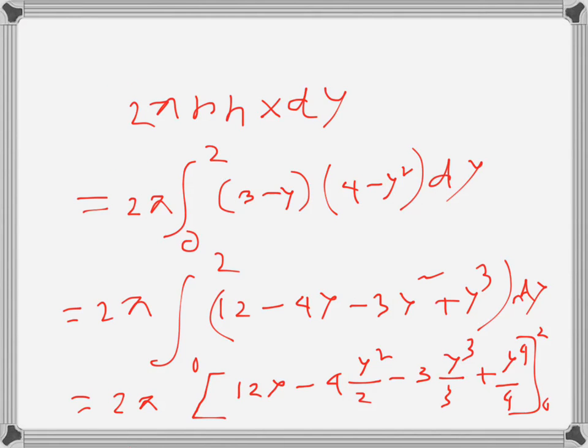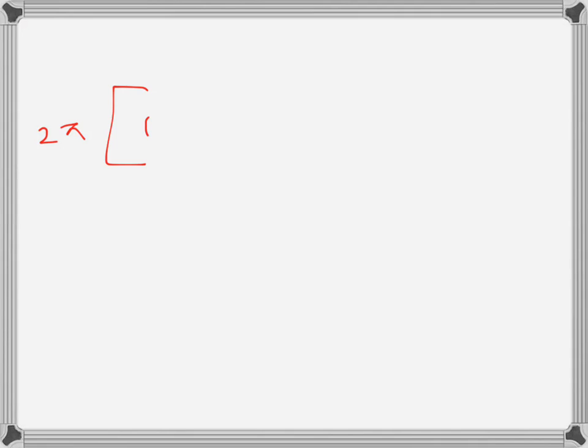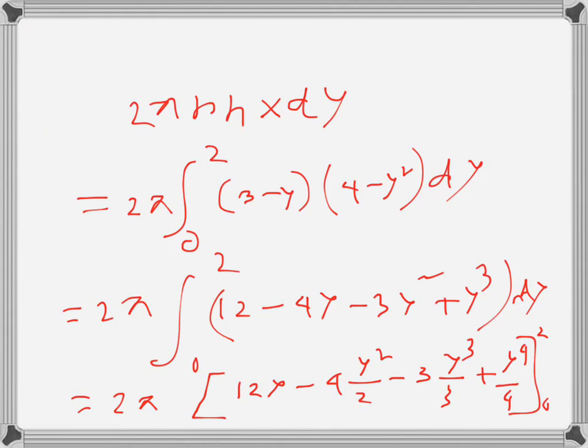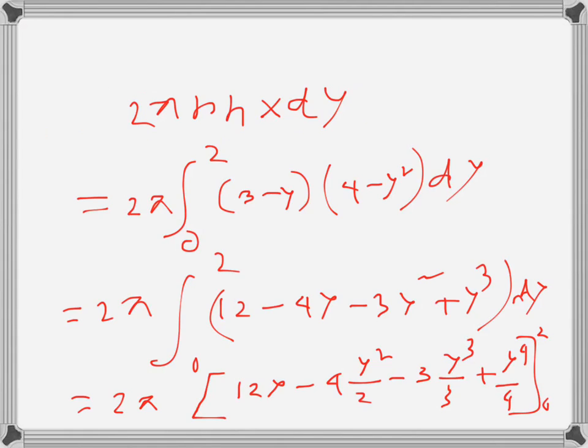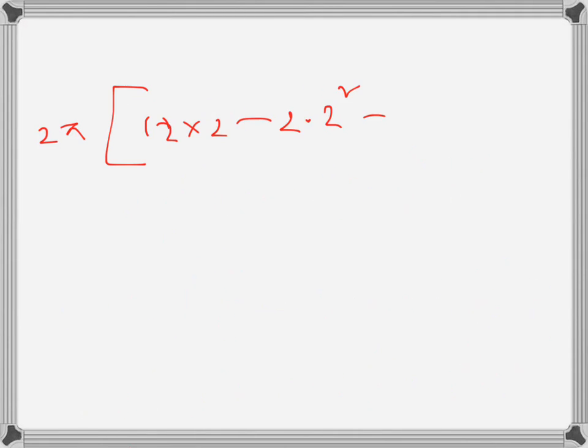So that will become 2 pi times 12 times 2, minus 2y square, so that will be 2 times 2 square, minus y cube, that will be 2 cube, and then finally plus 2 to the power 4, which is 16 over 4.